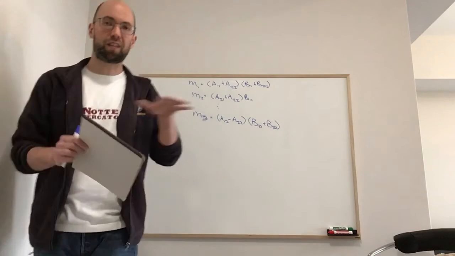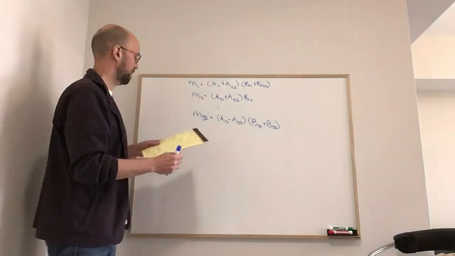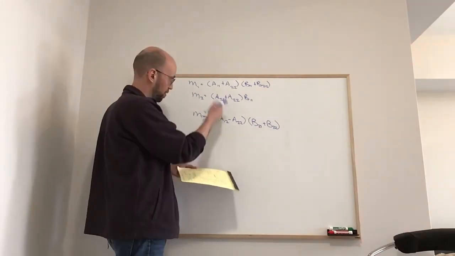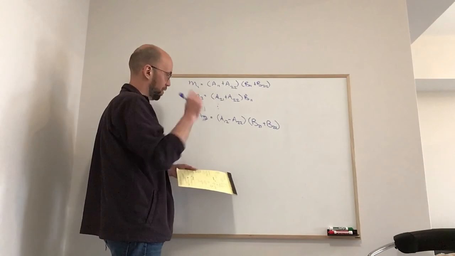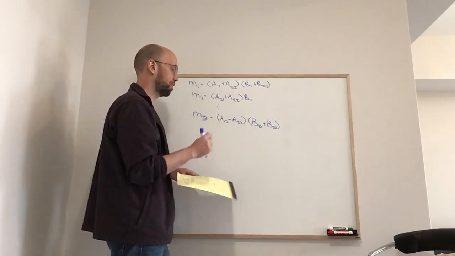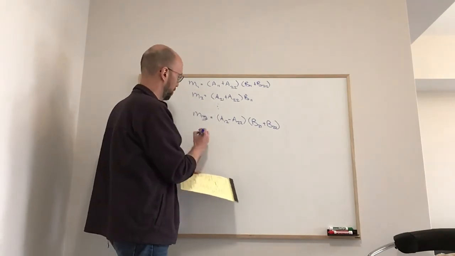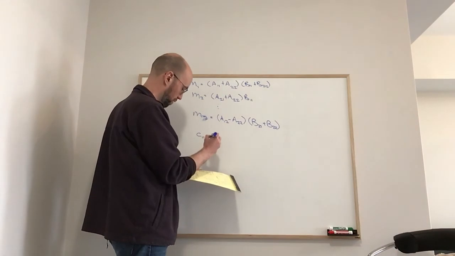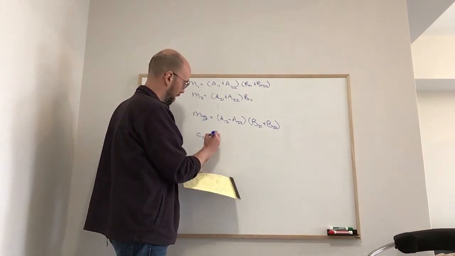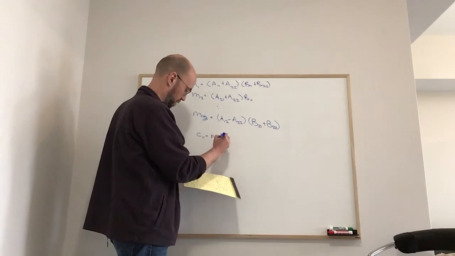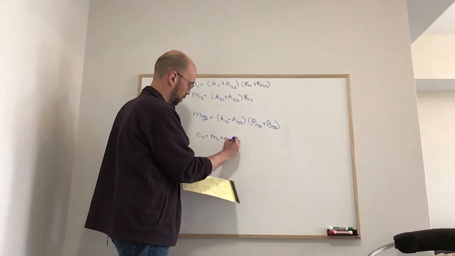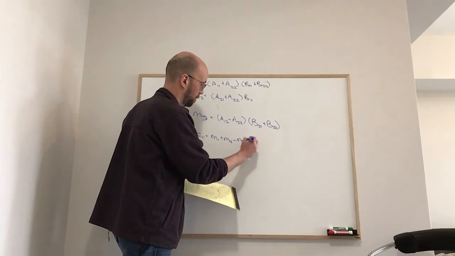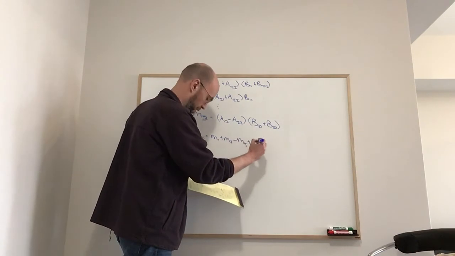Okay, so these are taking place, and then, these are not taking place with the Z's, so you say C11 is equal to M1 plus M4 minus M5 plus M7.